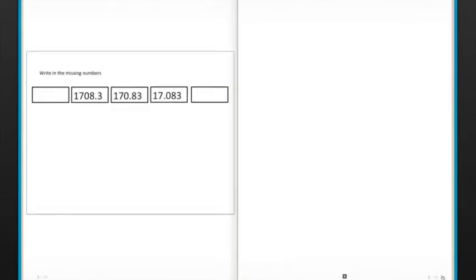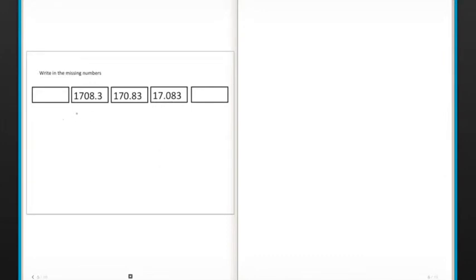Next question, write in the missing numbers. Now when we get a question like this, what we need to look for is what's the same and what's different. So I've got nothing in there, so here I've got 1708.3, 170.83, 17.083.